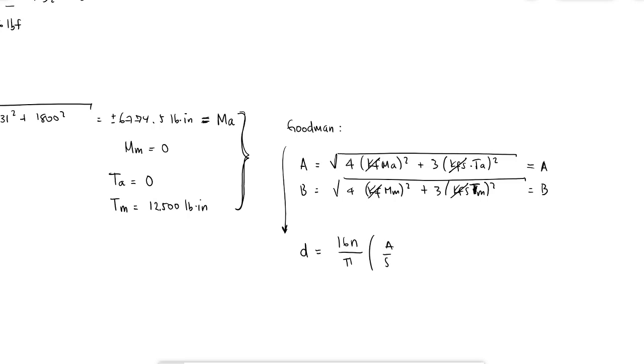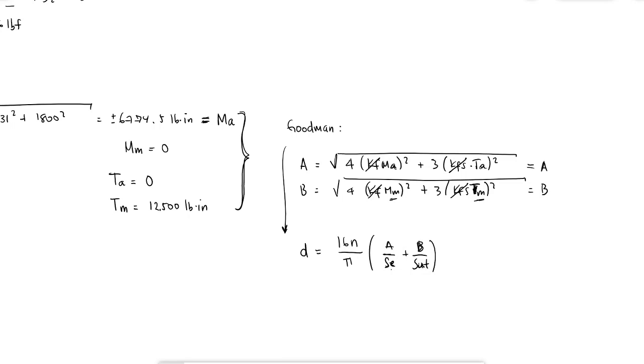Okay. A as C, B as UT. B, you compare them to the mean values that are not changing, so SUT, and the alternating ones, A, TA, and MA, you compare them to SE, which is the endurance limit, which has to do with the fatigue. So these you can calculate from the material that you give.